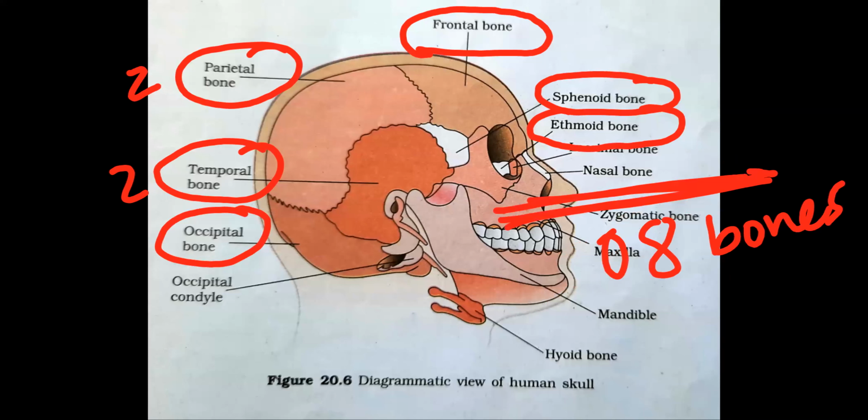Is this concept clear? Total number of cranial bones is what? 8. Correct. Which cranial bones are paired ones?